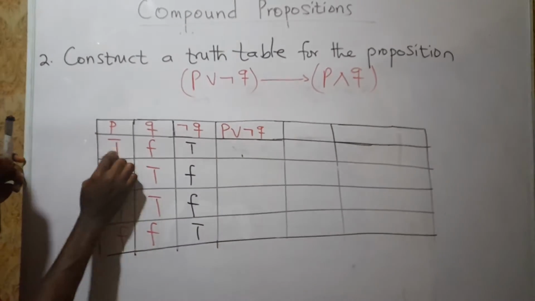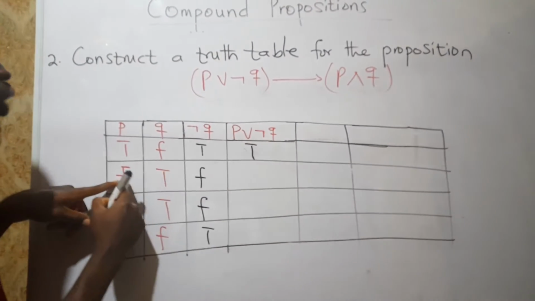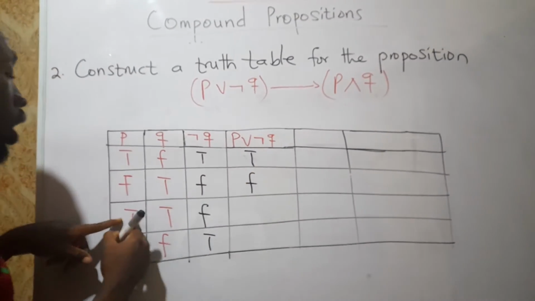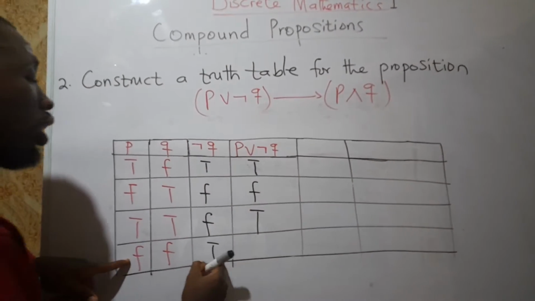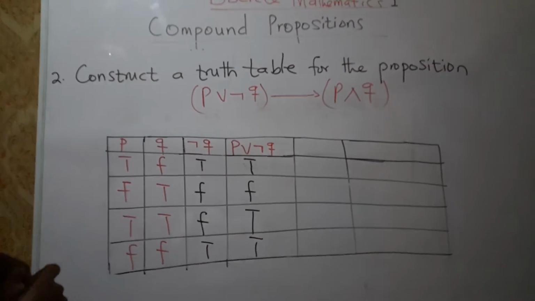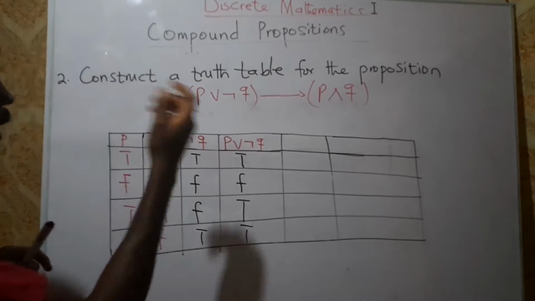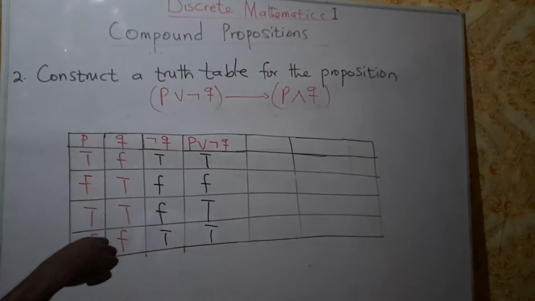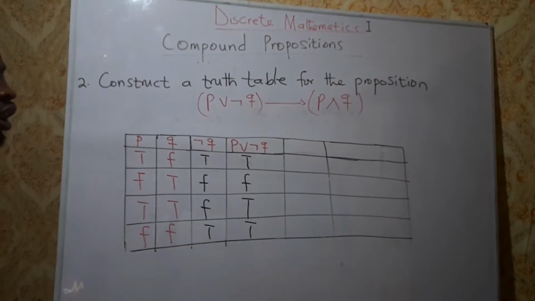So we are going to deal with P disjunction negation Q. So this is true, it will be true. This is false, so it will be false. This is true, this is false, it's true. Then this is false, this is true, it's true as well. Remember, in a disjunction statement, and the inclusive OR for that matter, the statement is true when at least one of the statements is true and false otherwise.